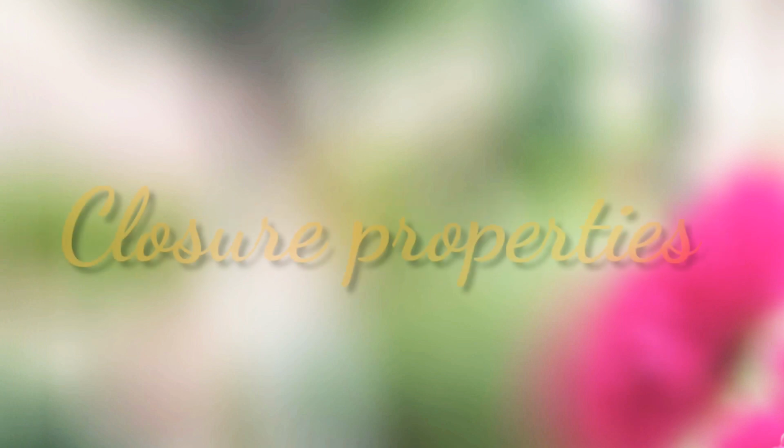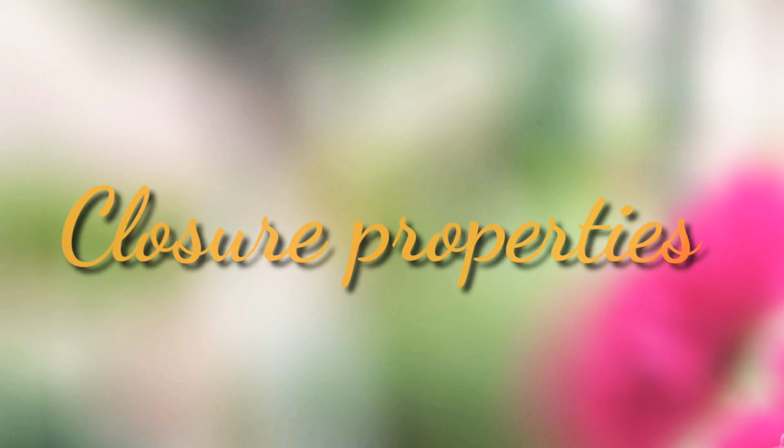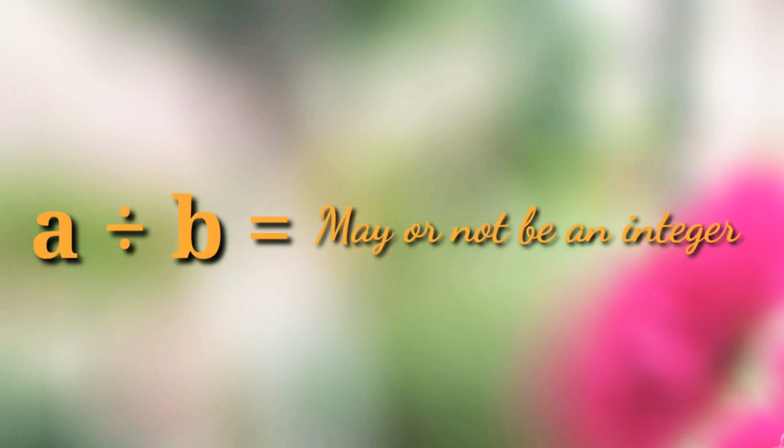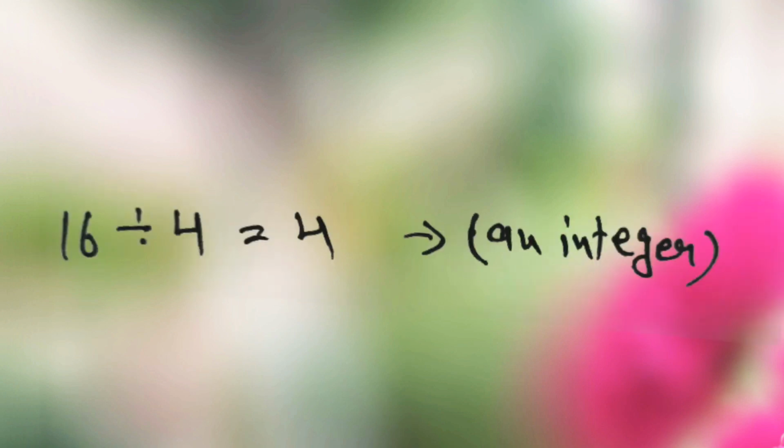So first property, that is closure property. In that, if you divide two integers, then the answer may or may not be an integer. इंटीजर हो भी सकता है इसका आंसर और इंटीजर नहीं भी हो सकता. तो ये हम देखते हैं एक एग्जाम्पल के थ्रू. For example, you have taken 16 divide with 4, then answer is 4. 4 is an integer.